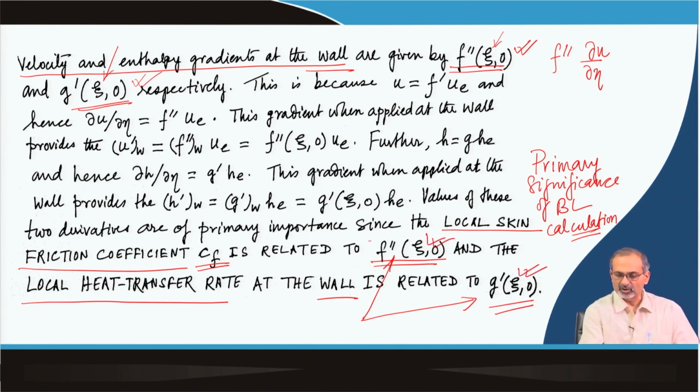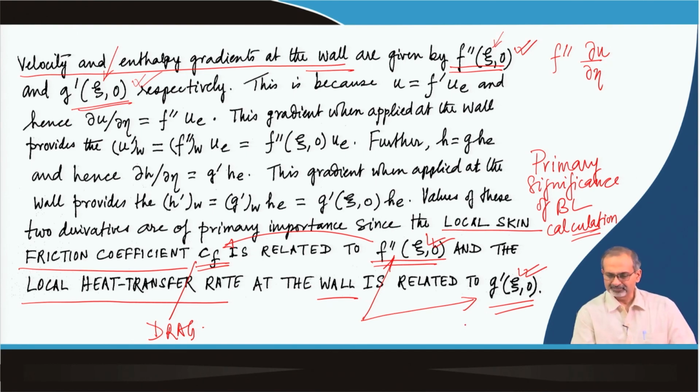Why is it? Because one connects with a very important parameter, the local skin friction coefficient, which will determine the drag for us, the drag acting on the plate being a part of a larger vehicle and so on.